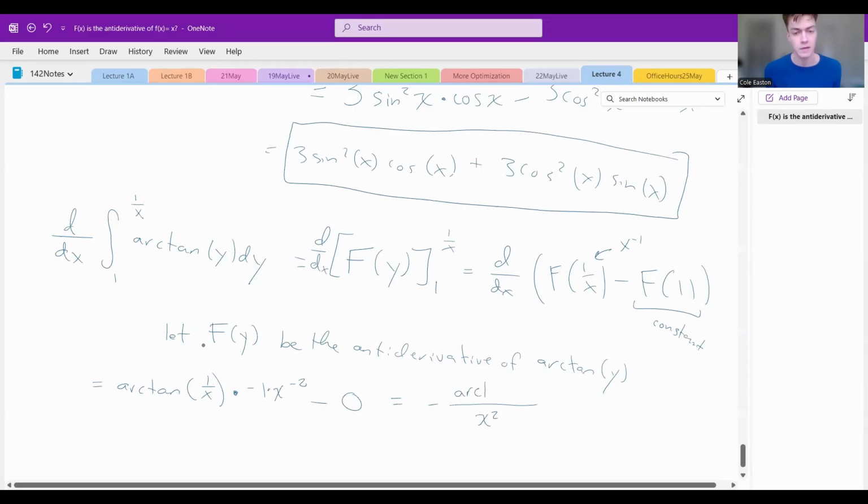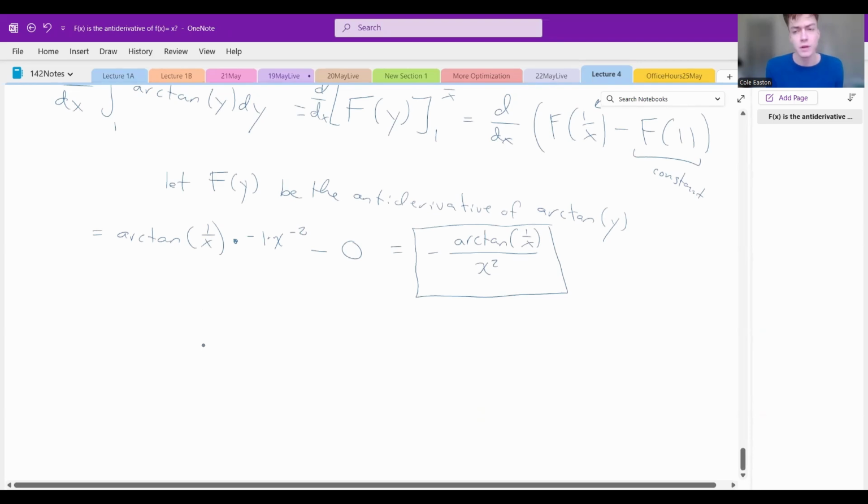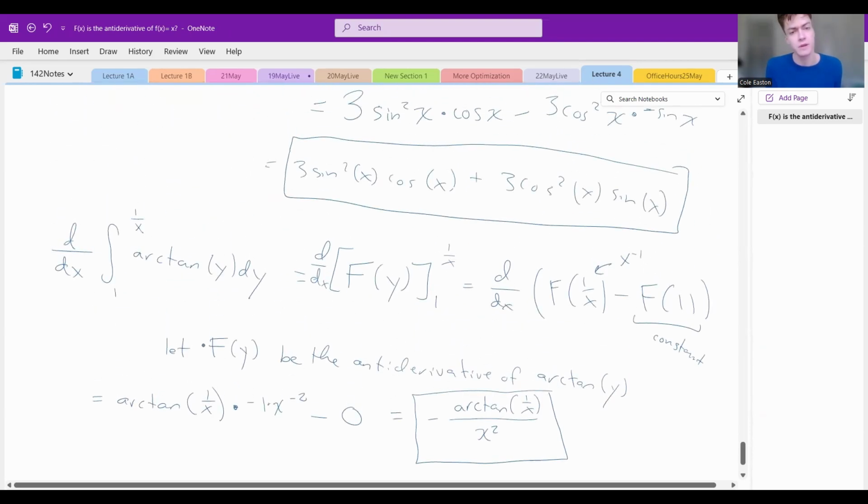And I'm going to put my arctan 1 over x on top like this. And so notice that even though we had to invent this function big F, and we didn't know what it was, by the time we were finished with the problem, that big F went away. And so ultimately, it didn't matter that we didn't know what it was.